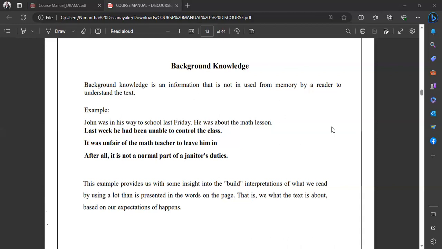Last week, he had been unable to control the class. It was unfair of the maths teacher to leave him in. After all, it is not a normal part of a janitor's duties. Now, when you go through these sentences, how do you understand it? What would be your interpretations? How do you build up your interpretation?